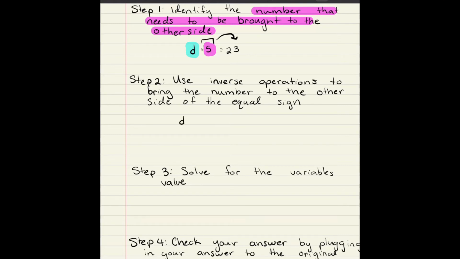To do that, use inverse operations to bring the number to the other side of the equal sign. So d plus 5 equals 23. I need to use inverse operations. The inverse operation of addition is subtraction. So minus 5.